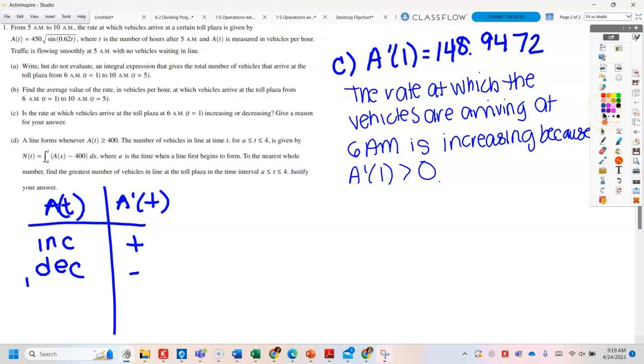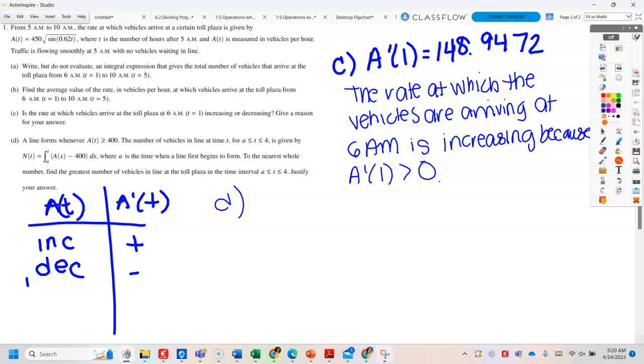And then part D, a line forms when A of t is greater than or equal to 400. A line forms when the rate at which the vehicles enter is greater than or equal to 400.